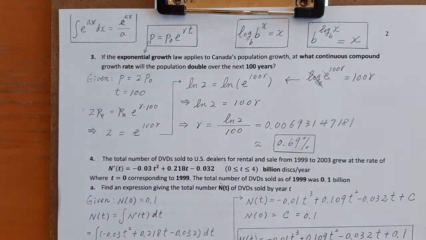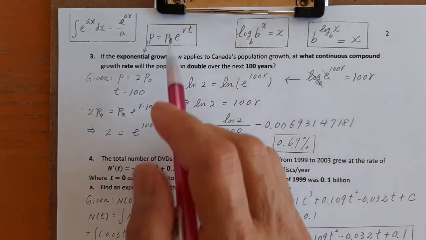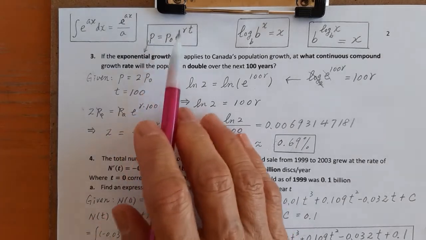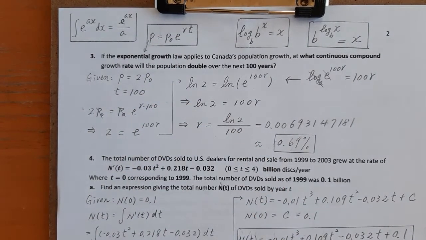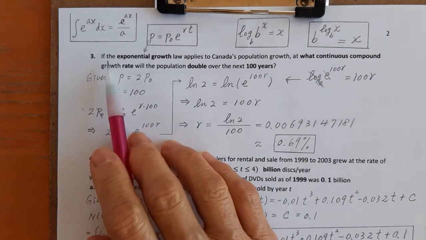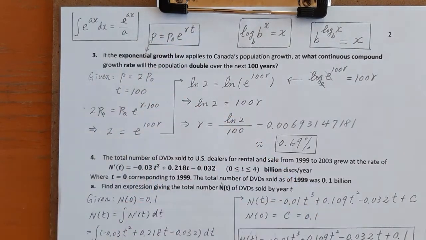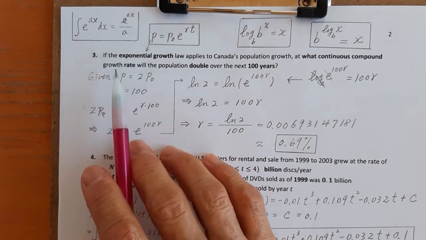If R is positive, it's growth, meaning increase. If R is negative, it's decay, meaning decrease. So it's the same formula, only R positive or negative is different.